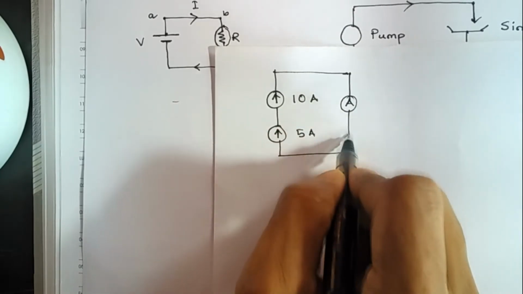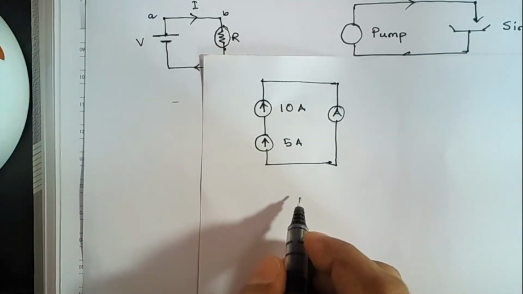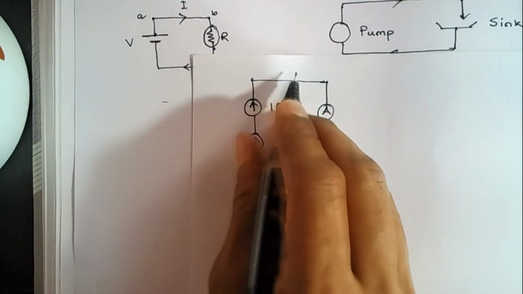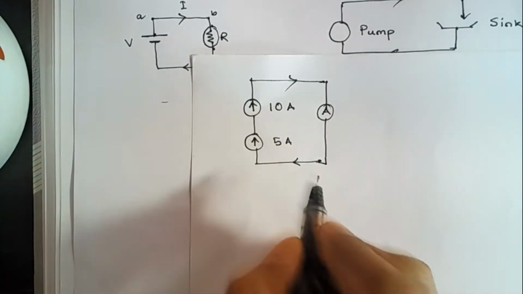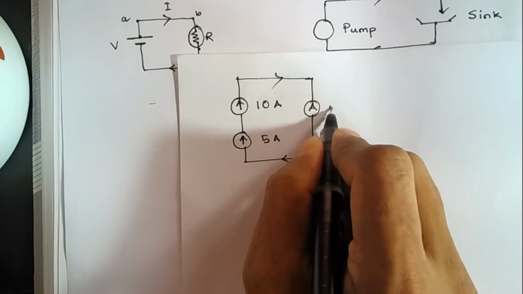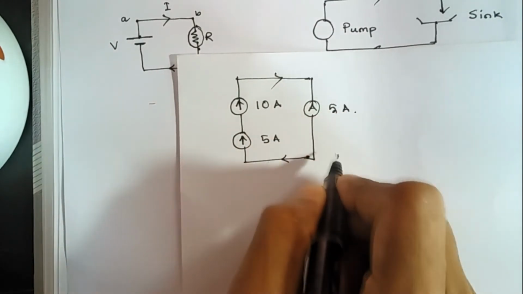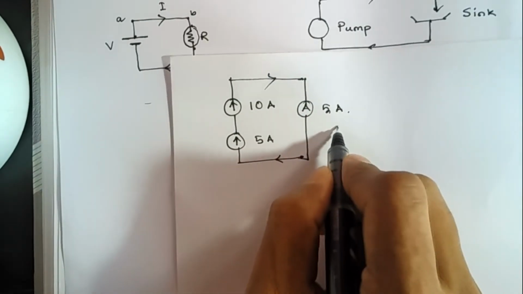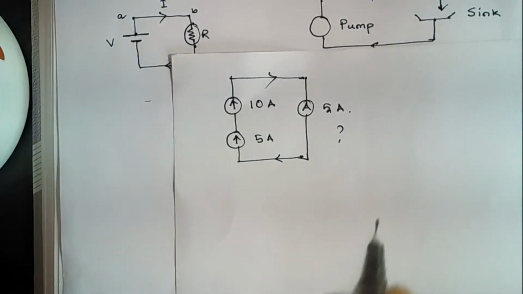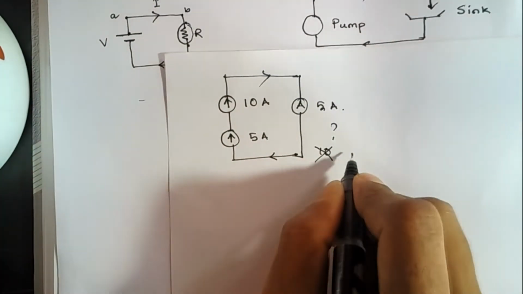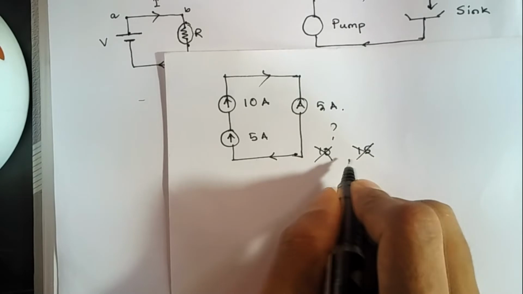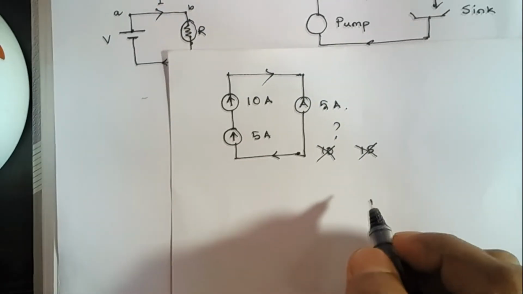Here is the ammeter. It shows the current flowing through this path is 5 amps. But why? Not 10 amps, not 15 amps, 5 amps. Why?